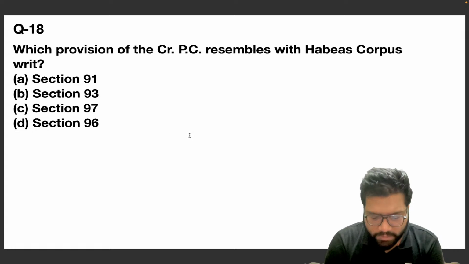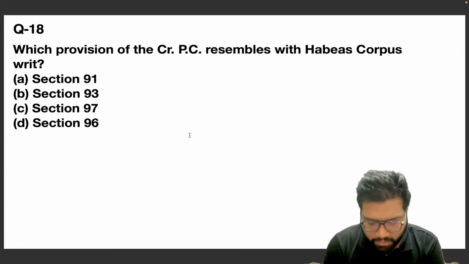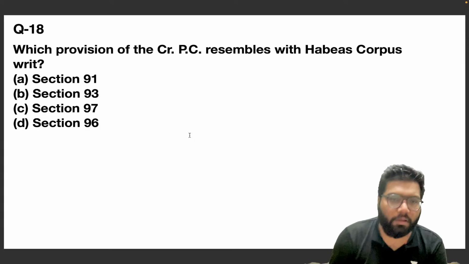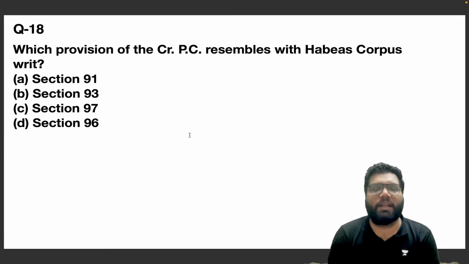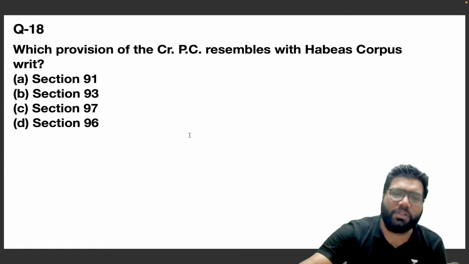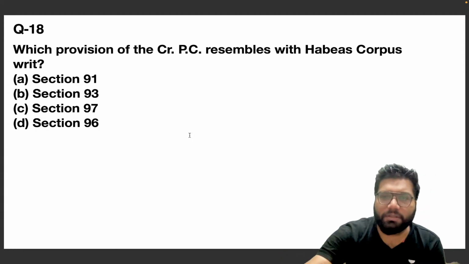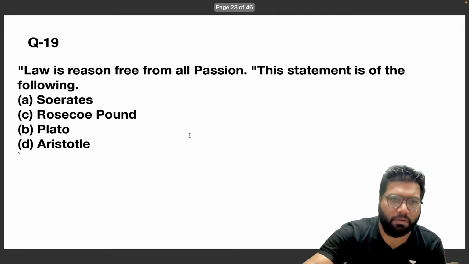Top 3 students to answer correctly: Amit, Akhilesh, Nabya, and Millie. Everyone's answer is correct, and that is section 97. Section 97 basically reminds you of the concept of habeas corpus.